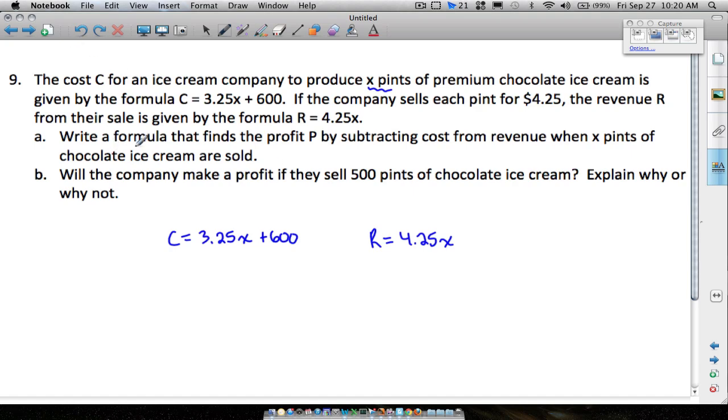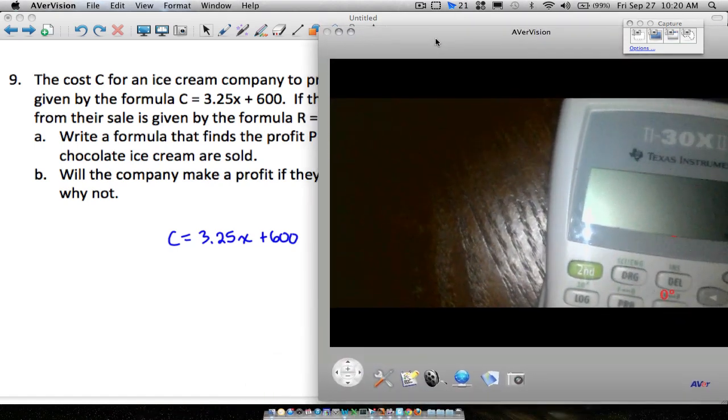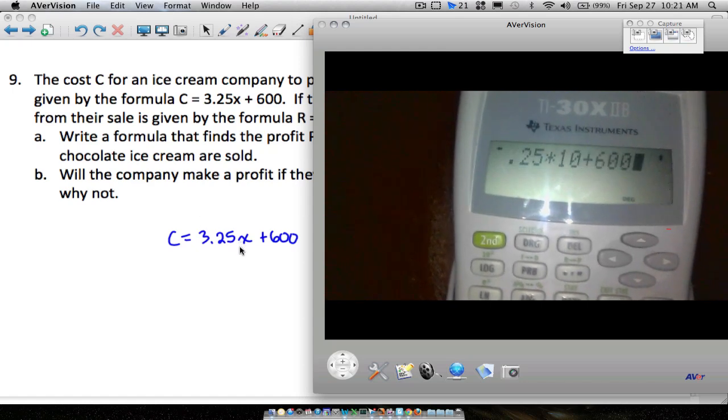I want to explain what these formulas mean in regards to the problem. So if they produce 10 pints of ice cream, what this formula is going to tell us is how much it's going to cost them to produce 10 pints of ice cream. So 3.25 times 10, we're letting X be 10 pints, plus 600.